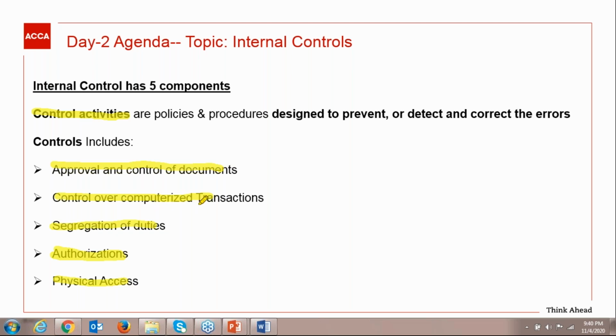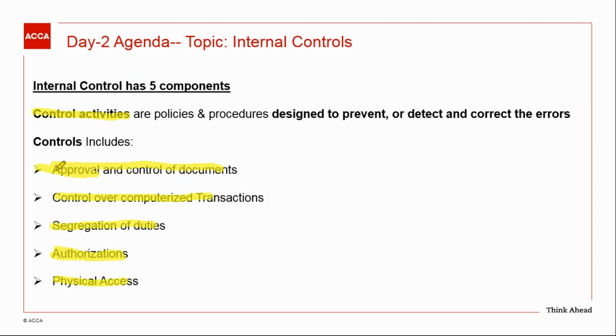I am going to make another internal control with the help of this control activity. So I will place another internal control, that each and every invoice should be approved by the finance director.